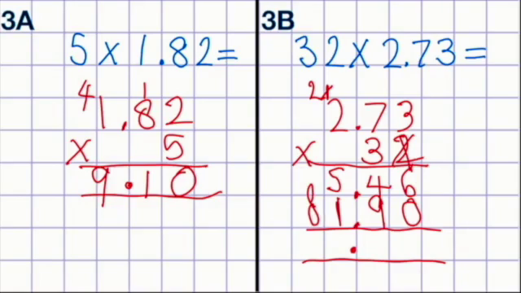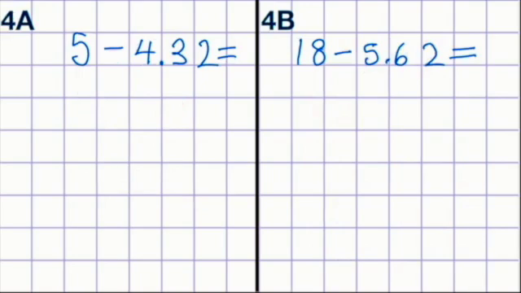So let's now add this. We've got 6 add 0 is 6. 9 add 4 is 13. Carry the 1. 5, 6, 7. So it's 87.36.